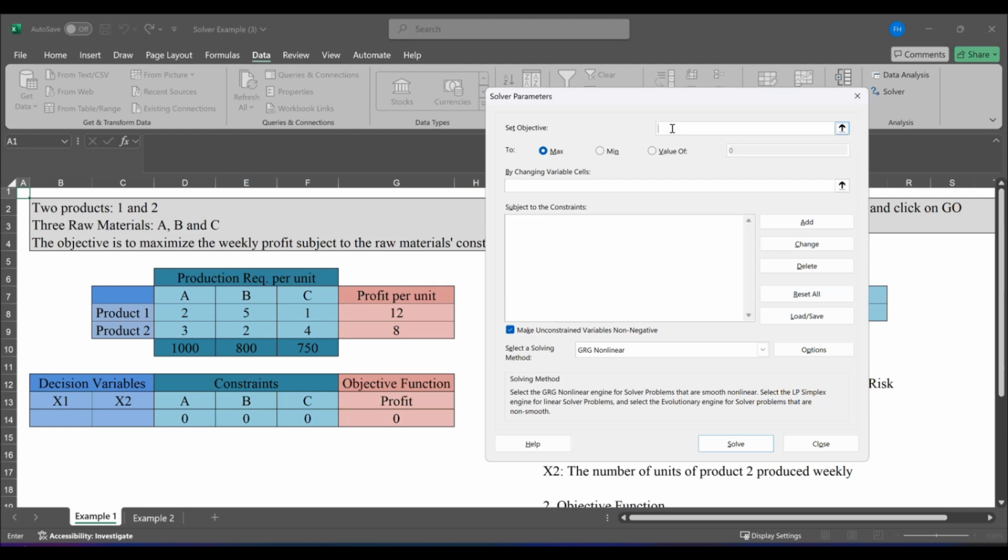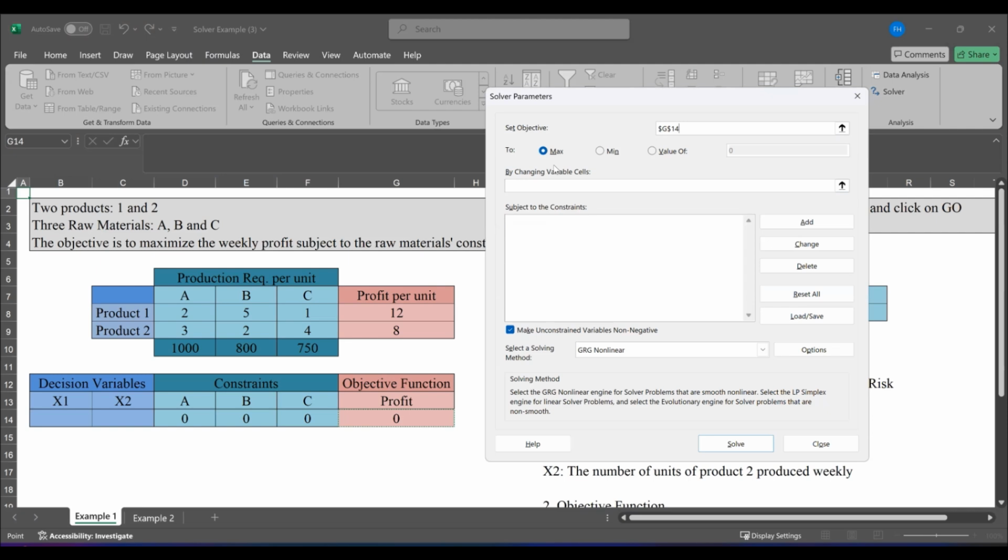First of all, you need to determine the cell that contains your objective function. The cell containing my objective function is G14, this cell. Now, by default, it's set to maximize.